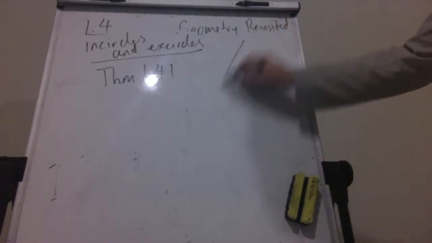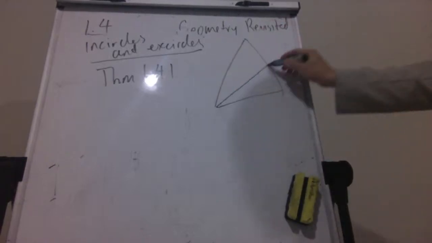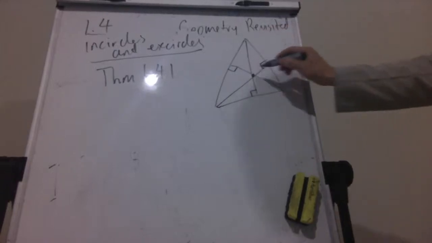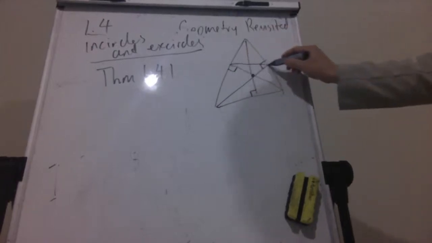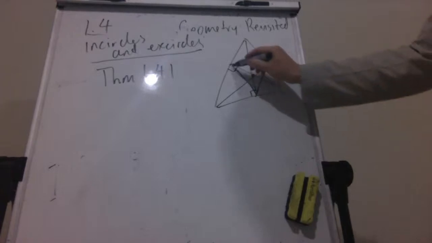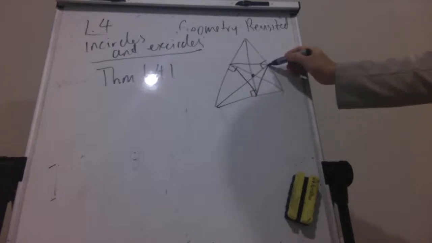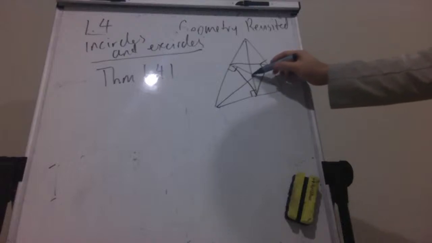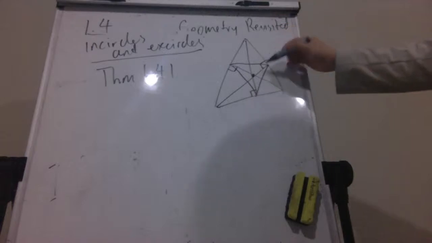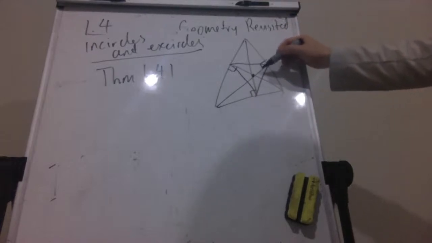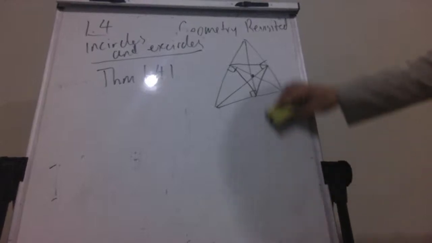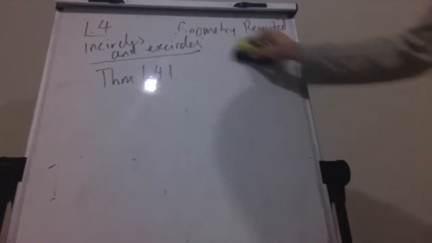Or maybe this is time to mention that when you have the altitudes and they meet at a point, if you make this triangle here, can you see that we did that before? It also has the lines meeting at a point as well. And the explanation is that they're angle bisectors, right? So that's explained.